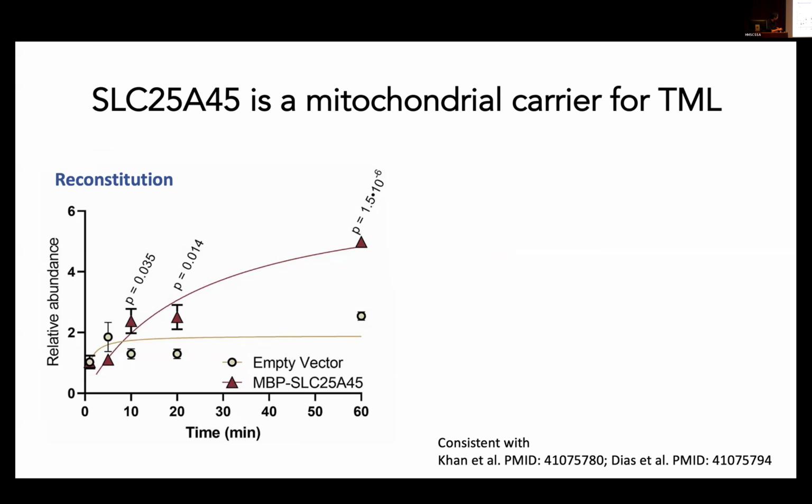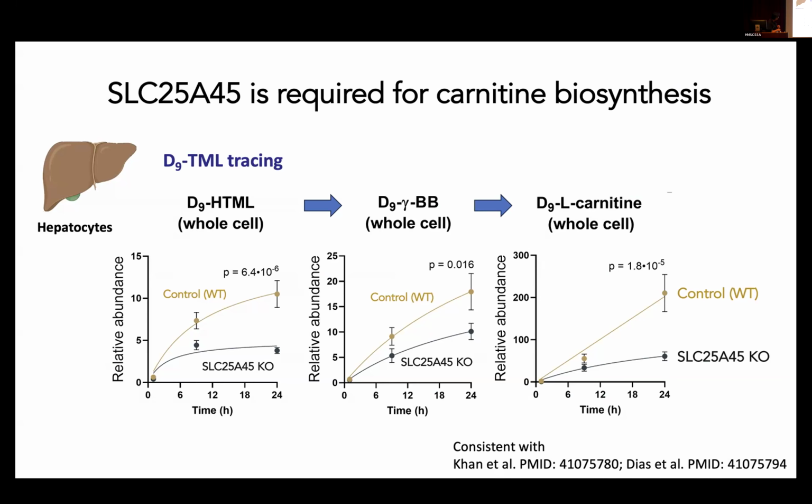We made a knockout mouse. By the way, this molecule is highly expressed in the liver and the kidney. That's where de novo synthesis of carnitine occurs. And then we can do tracer experiments. For example, we can give D9 TML, and then we can see that control mice or cells, hepatocytes, can make those metabolites, particularly L-carnitine, but the knockout mouse can't make that.